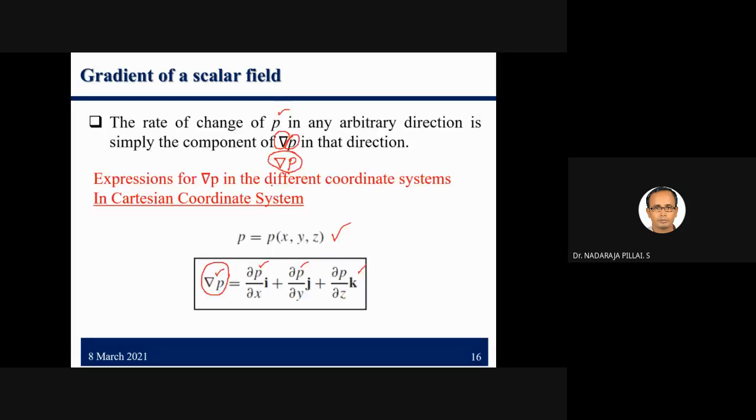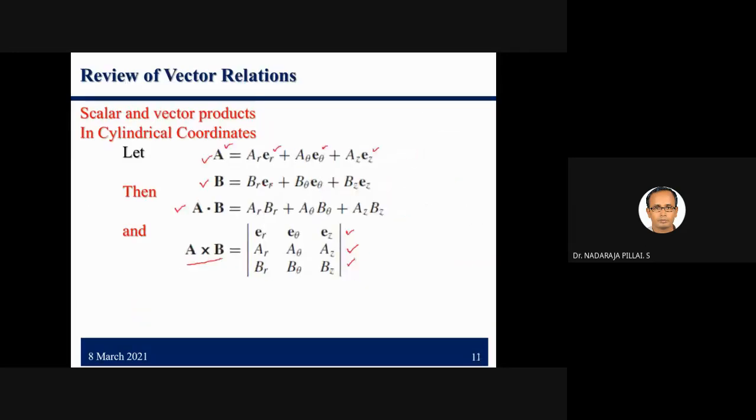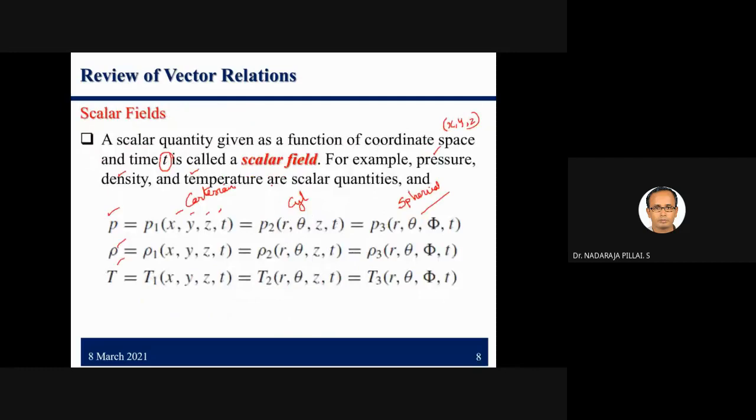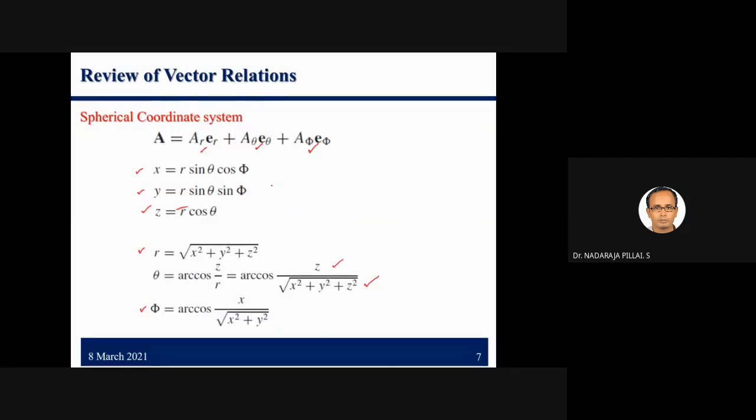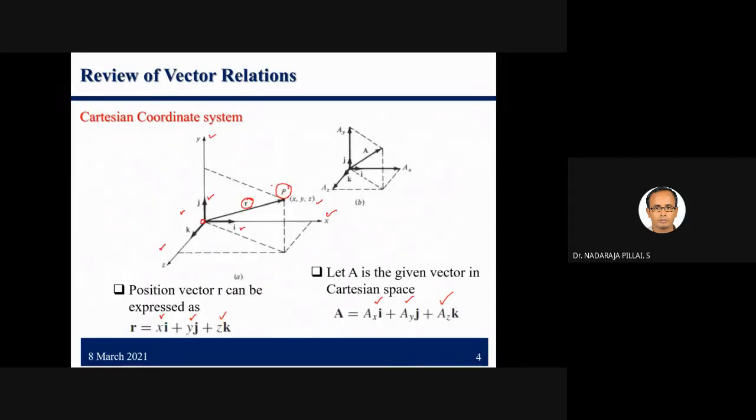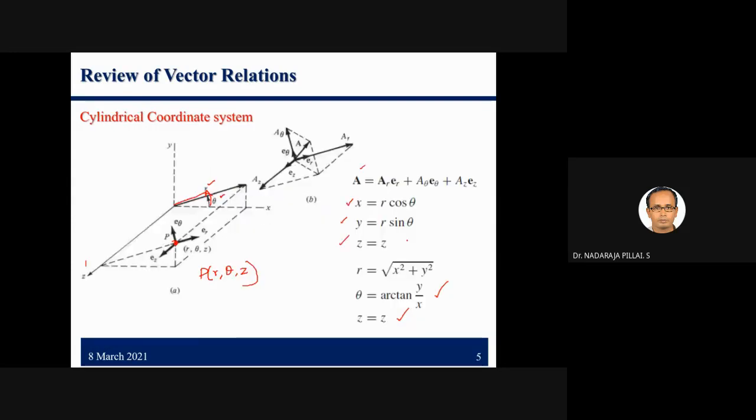I have mentioned in the previous discussion, when we consider the spherical coordinate system, cylindrical coordinate system, and the Cartesian coordinate system, in the Cartesian coordinate system you have x is x, y is y, and z is z. In the cylindrical coordinate system, x is r cos theta, y is r sin theta, and z is z.